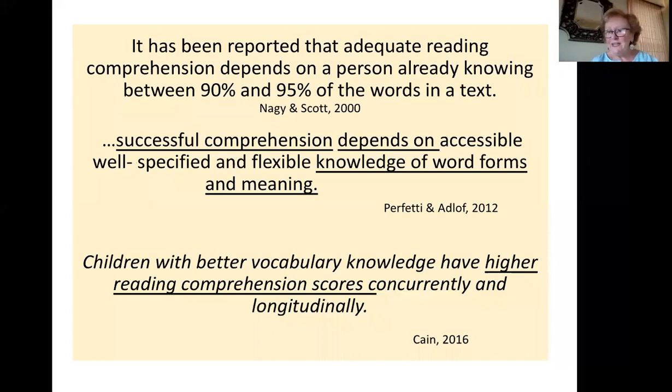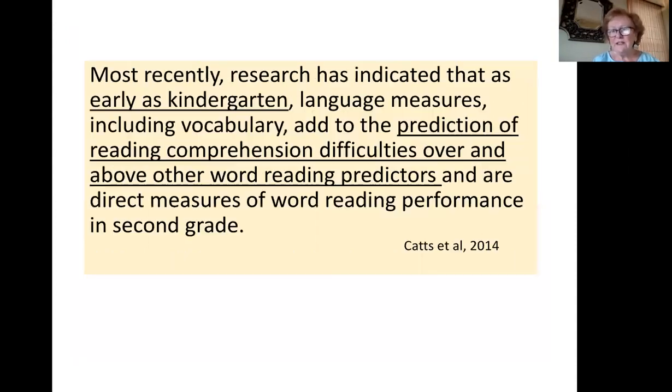And then, of course, Kate Cain telling us that children, and we know this, children with better vocabulary knowledge, right, are going to have better reading comprehension scores. So again, that question of, do we really understand, do we make this connection between vocabulary and reading comprehension and its importance? And then lastly, Catts and colleagues pointing out to us the fact that vocabulary has predictive power.